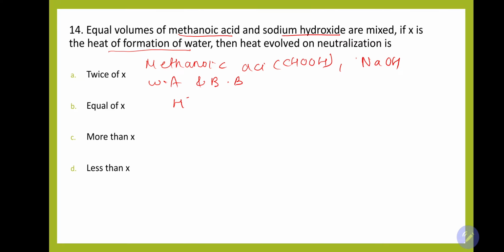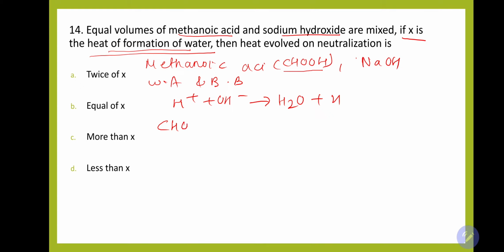So let's take first one, H plus OH minus gives you what? H2O plus X. This is derived from if X is the heat of formation of water. So this is the equation for formation of water, right? Now let us see the ionization. So neutralization is taking place. If neutralization is taking place, there should be formation of ions.